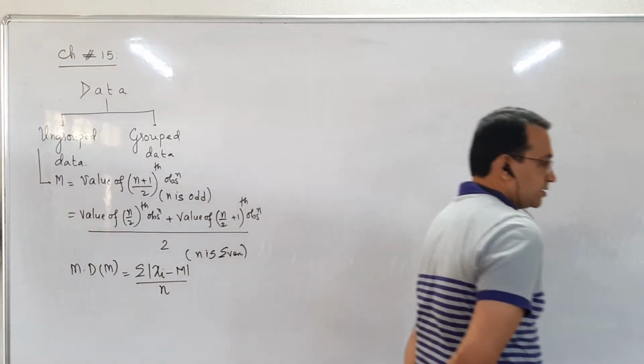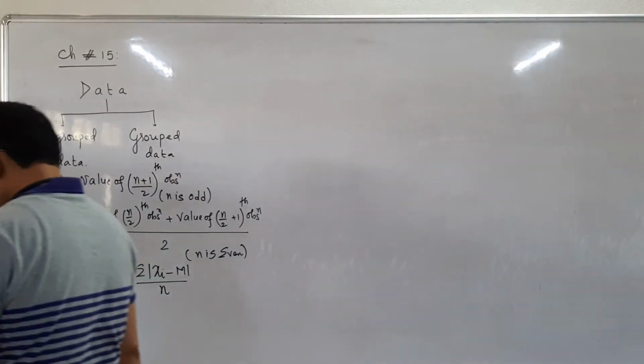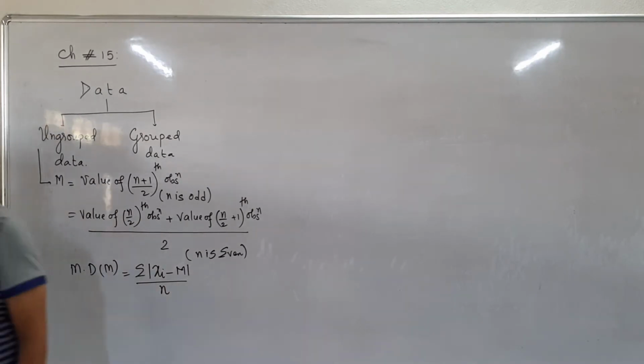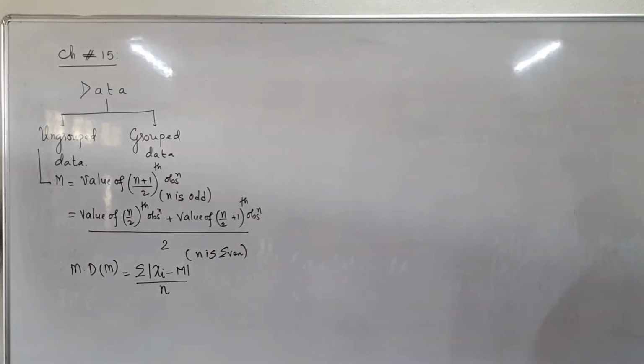And when n is even, then median M is equal to the value of the n by 2th observation plus the value of the (n by 2 plus 1)th observation, whole divided by 2. So it is the average of the n by 2th observation and the n by 2 plus 1 observation. This, students, we have to very carefully understand as well as memorize.